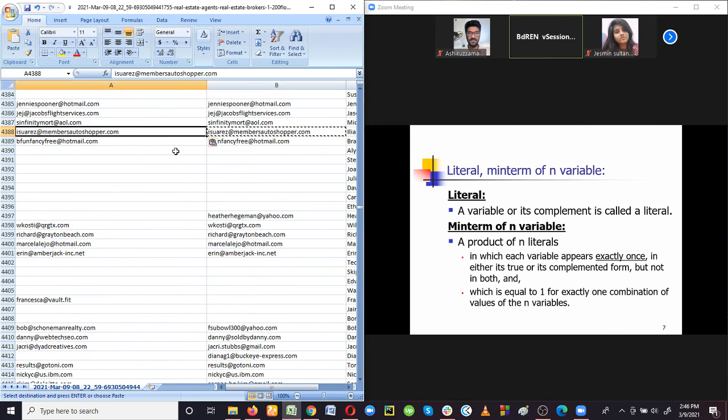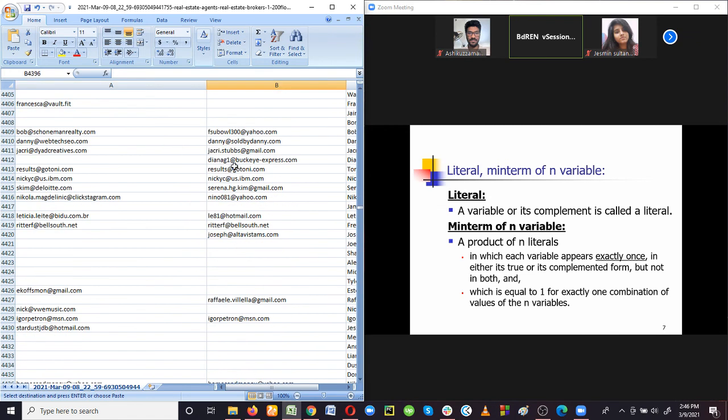Okay, so what is a min term of n variables? A product of n literals.